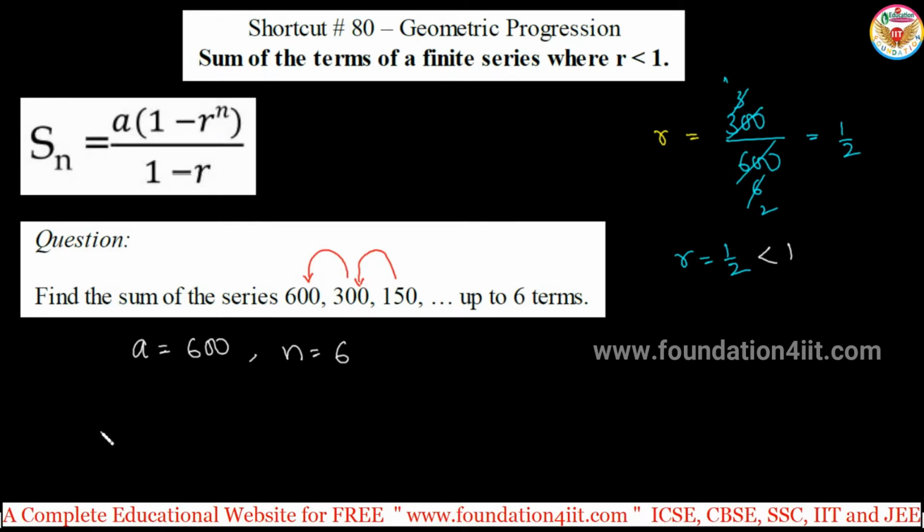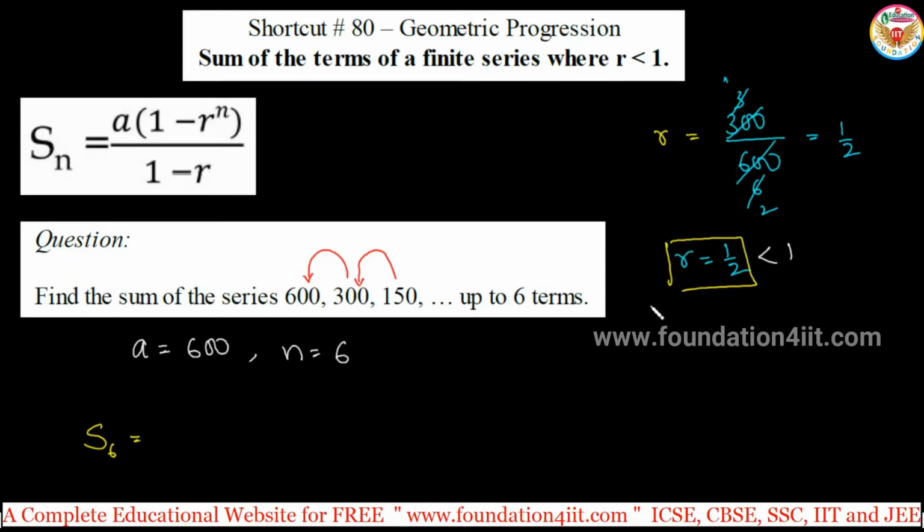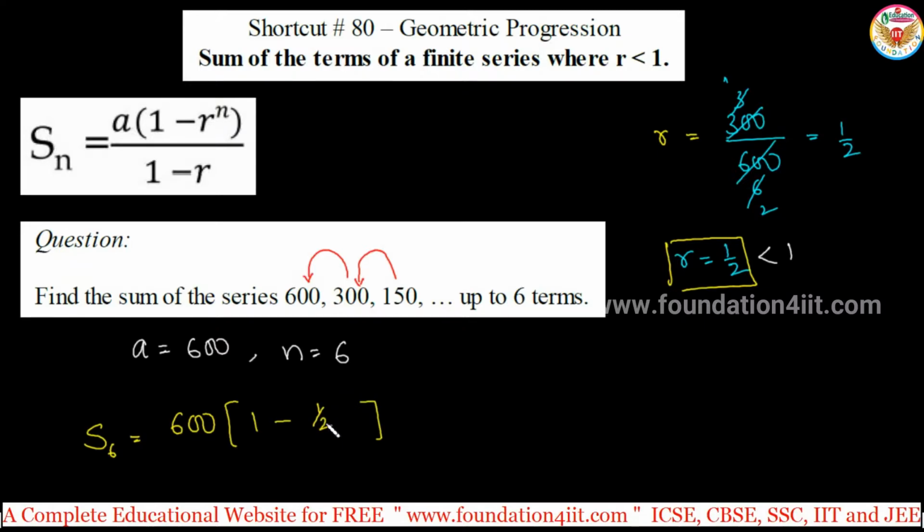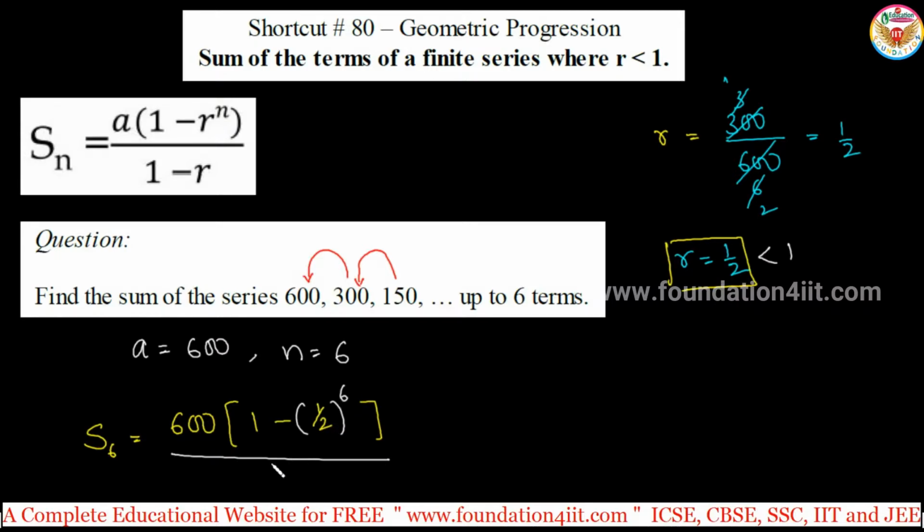Now as per the problem, S6, the sum of the 6 terms. Already we got r equals 1 by 2. Now S6 is equal to the sum of the 6 terms, which is a into, 600 into, as per the formula, 1 minus r power n. r is 1 by 2, so 1 by 2 whole to the power n, 6, divided by 1 minus r.